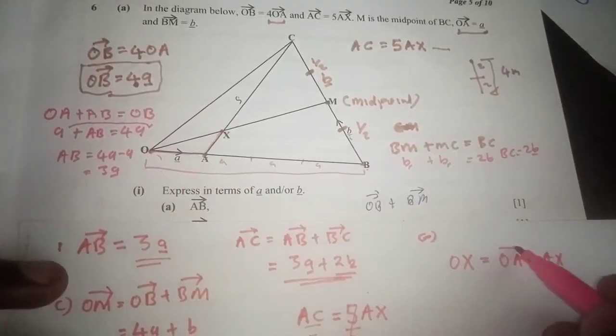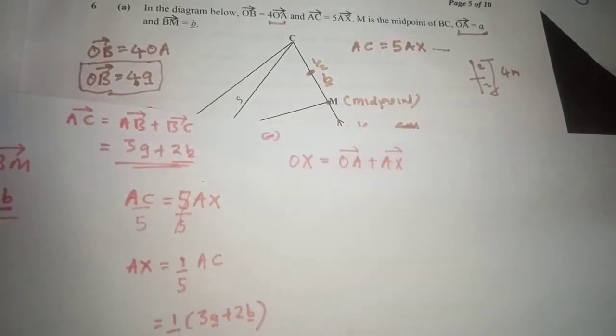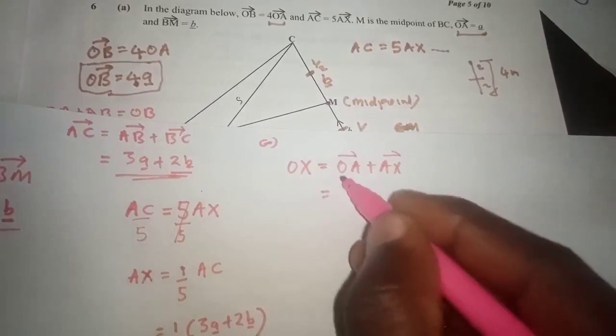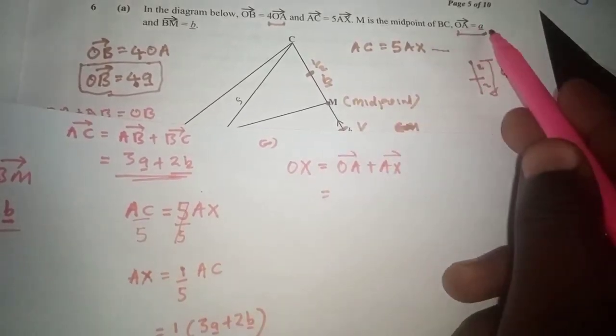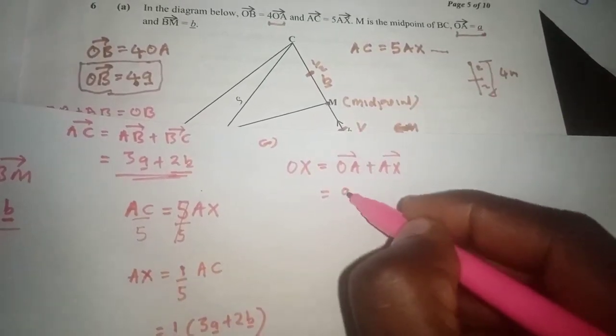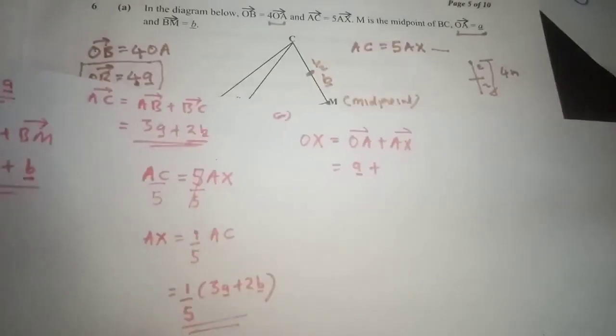Right, so let's work it out here. What is OA? OA, we have it here. OA is simply A, so we're going to put A. What is AX? We have just calculated AX here.